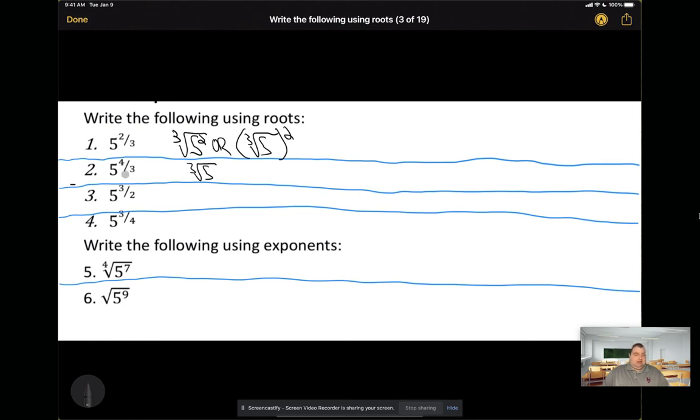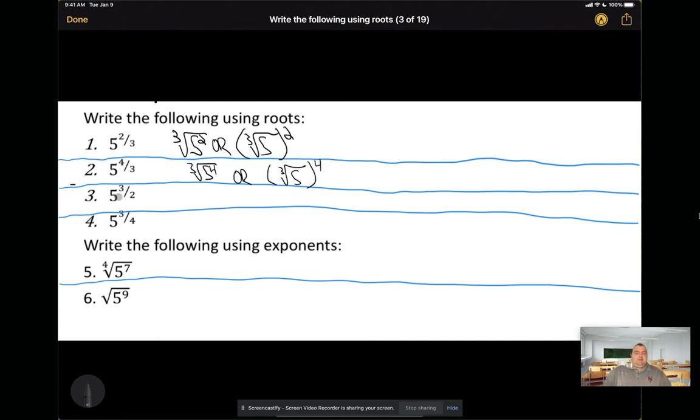This time, the numerator is 4, so the only thing that's going to change between number 1 and number 2 is that the exponent is going to be to the power of 4 instead of to the power of 2 as it was in number 1. So again, that power of 4 can go inside or outside the cube root. Either one of these would be considered correct.